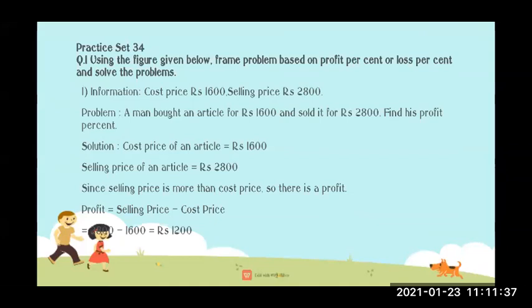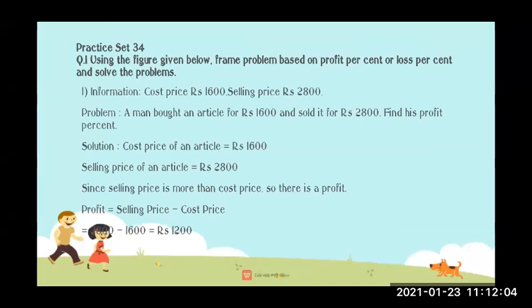I have made a question like this: a man bought an article for rupees 1600 and sold it for rupees 2800. Find his profit percent. See, here I have made a question. In the same way you are going to make a question also.